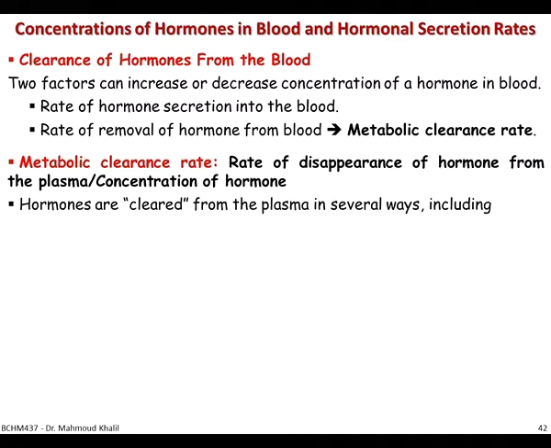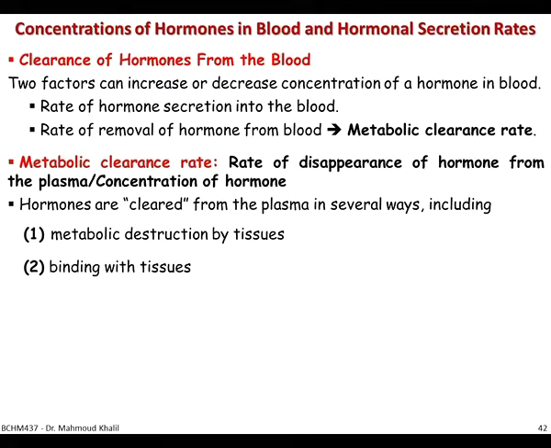Hormones are cleared from the plasma in several ways. So we'll talk now about how hormone is cleared from the plasma of the blood. Either there is a metabolic destruction by tissues that just destroy the hormone. Binding with tissue will decrease the concentration of hormone in the blood.